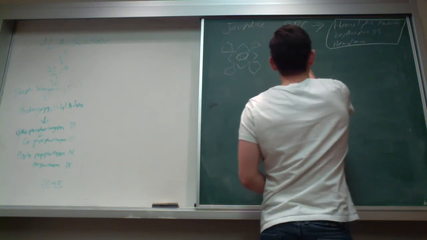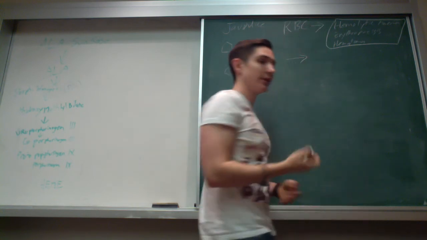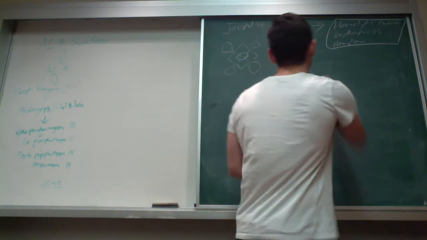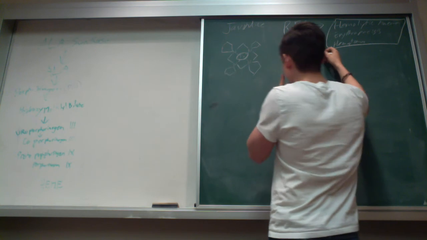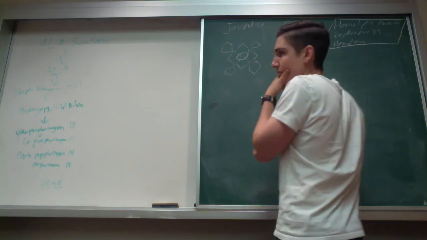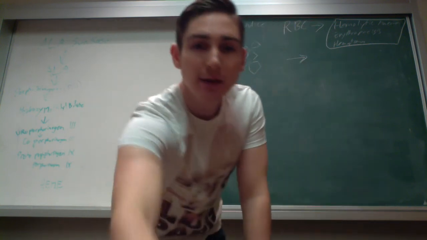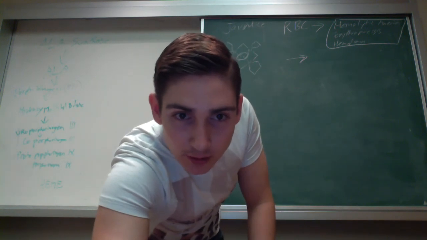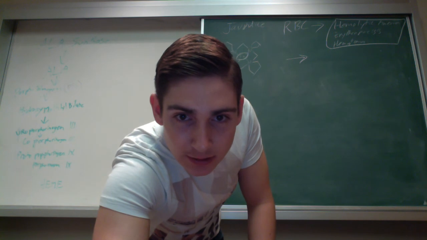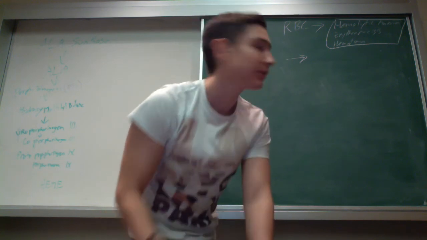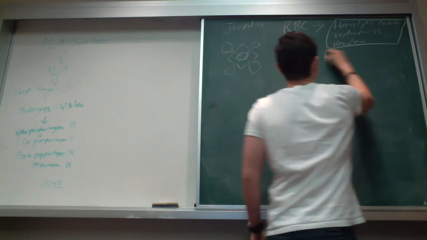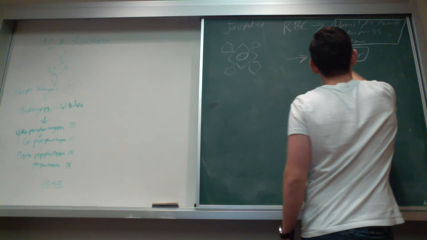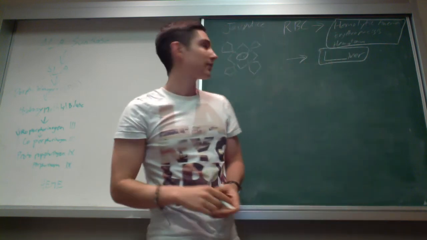If you have a problem in the liver, if you have some kind of liver disease, so say you have... Yeah, if you have something just wrong with the liver, that's all it is, okay? If you have something wrong with the liver, it can't conjugate it, and that'll also cause an increase in bilirubin.